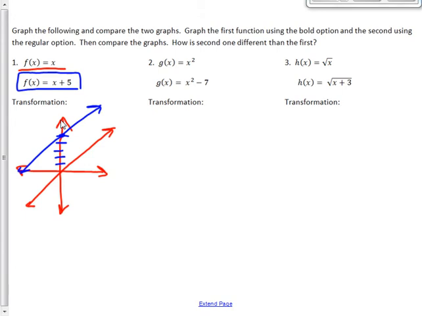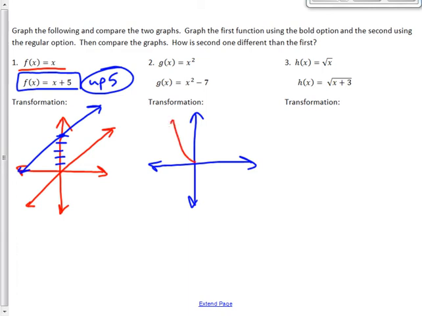And so for number 1, the transformation was up 5. For number 2, x squared, that's going to be, let me go back to red here, a parabola. Okay, it's quadratic, and it's at the origin. And I've got x squared minus 7, so I'm subtracting 7 on the outside.